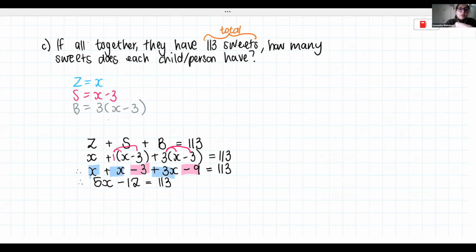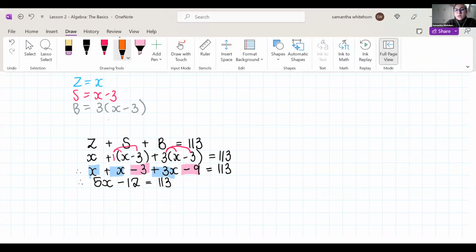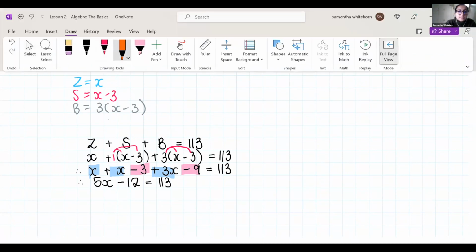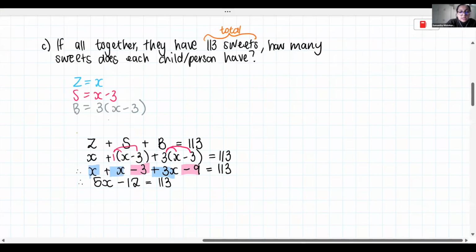Now, if you remember your equations from grade 7, whenever we start to solve for a value, so here we're solving for x, we need to use inverse or opposite operations. So what that means is I want to essentially get rid of this -12, so I'm going to use the opposite. If I say -12 plus 12, it cancels out. But what I do on the left-hand side of my equation, I must do on the right-hand side of my equation.